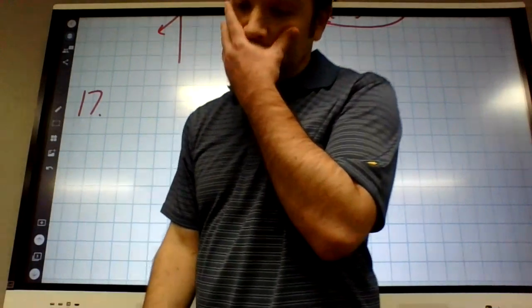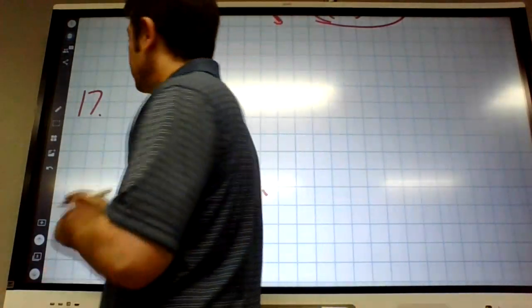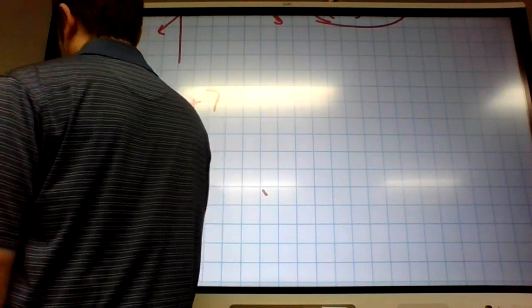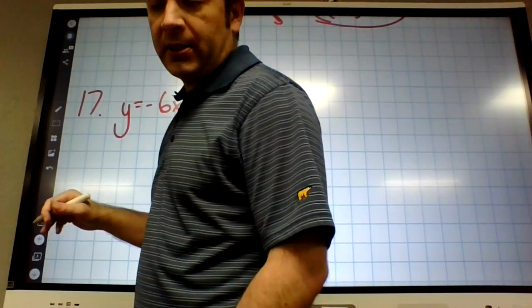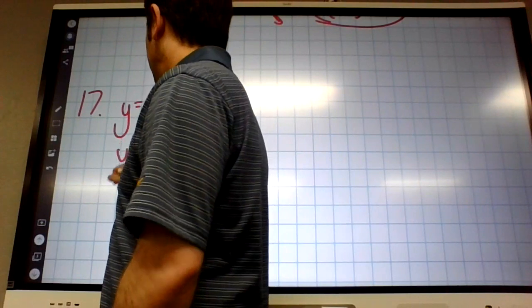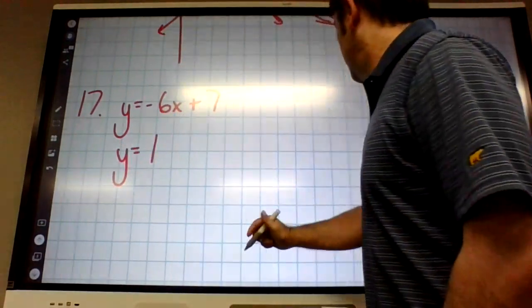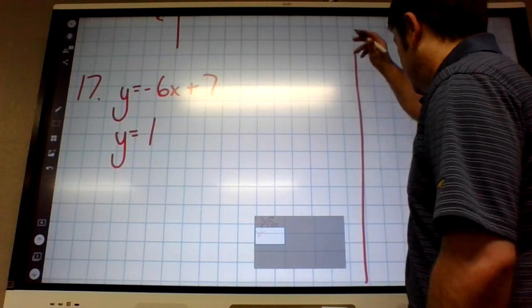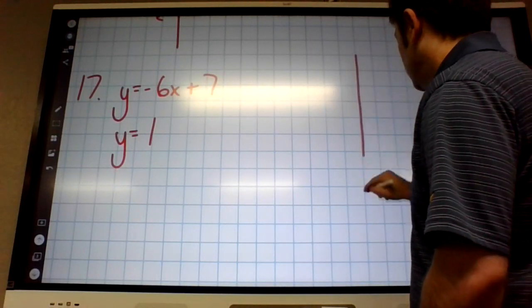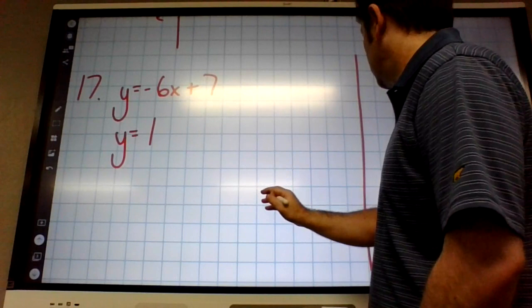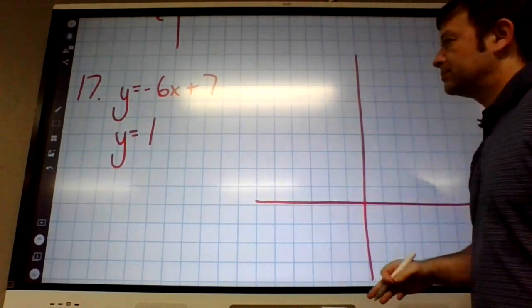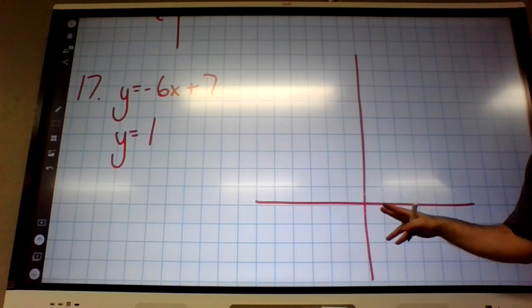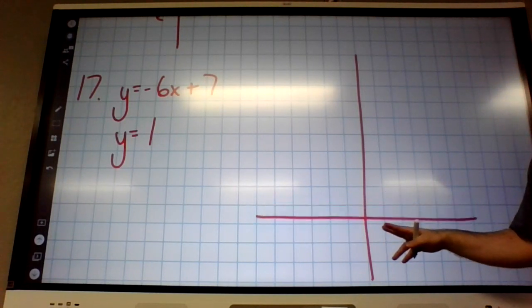Number 17. All right, y equals 1. Owen, where am I going to start that top equation at? Up 7. So if you're starting up 7, you might want to put your x-axis low.